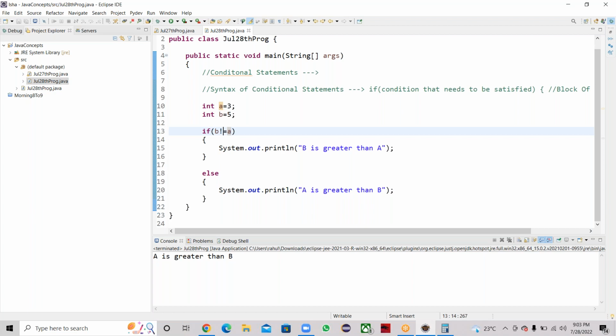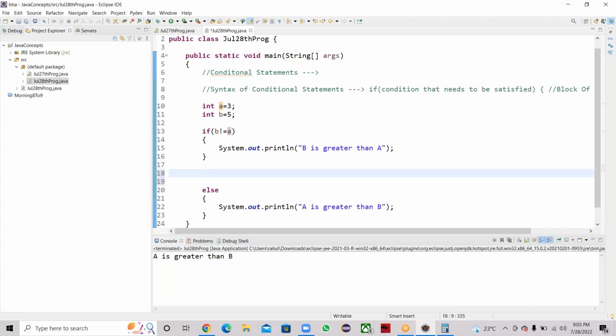B is greater than A. Is everyone clear with this concept? Yes. Now, B is greater than A.